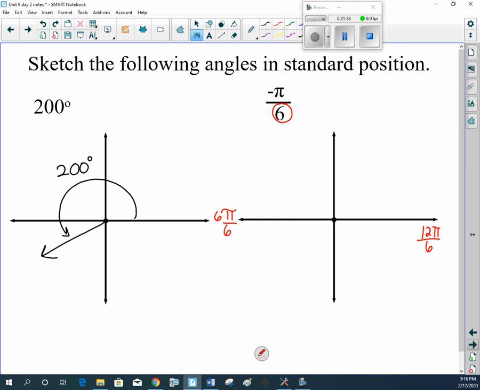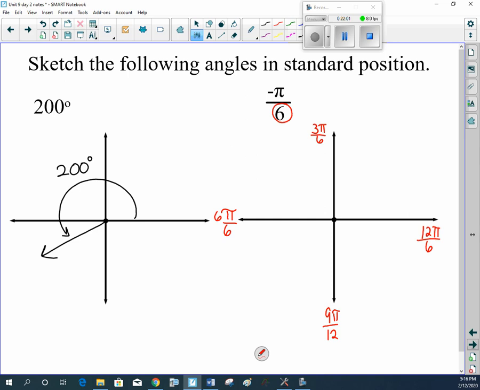If I take this right here and cut it in half, half of 6 is 3, so 3 pi over 6, right? And then over here, I'm going to make this 9 pi over 12.